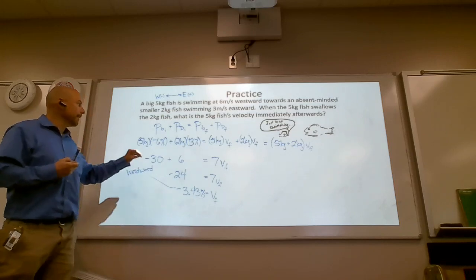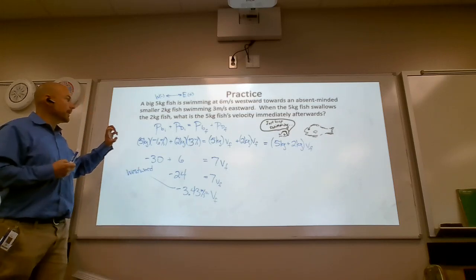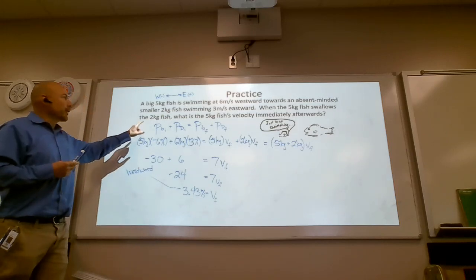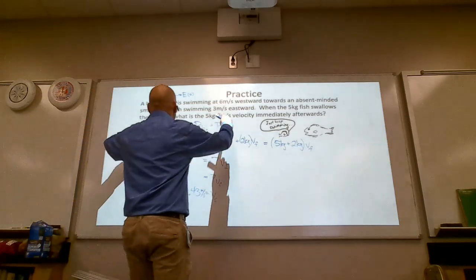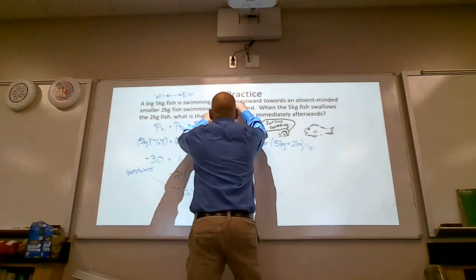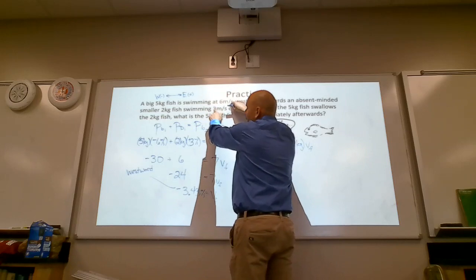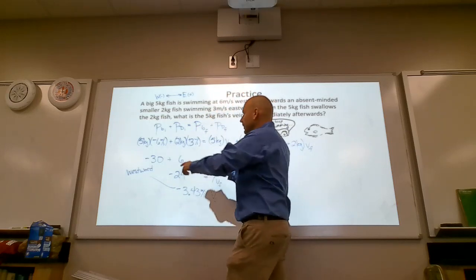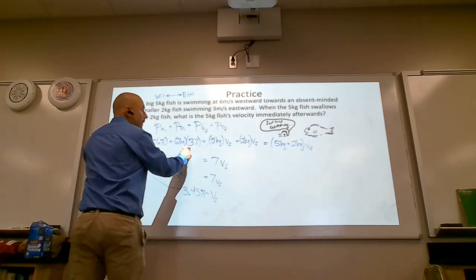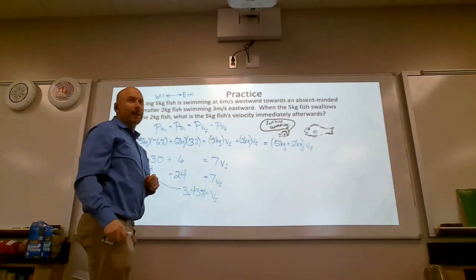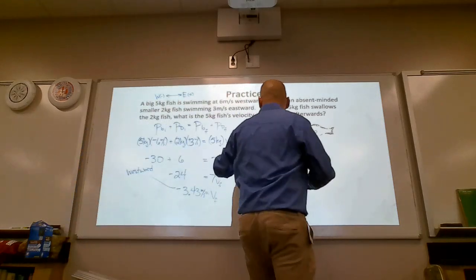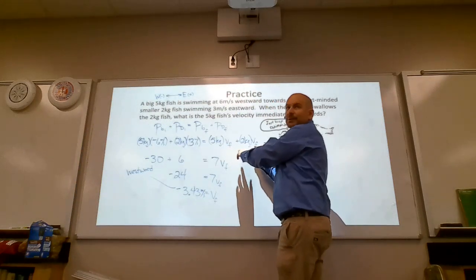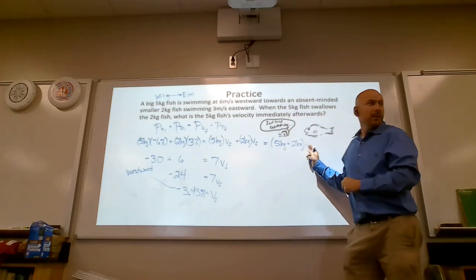Yeah. Okay. To recap, if you're given a velocity or momentum, you must assign a positive or negative sign to that. If you're not given a value, do not assign a positive or negative sign to that.